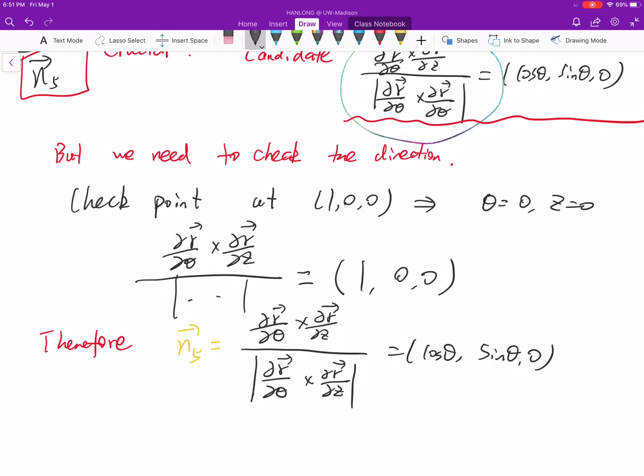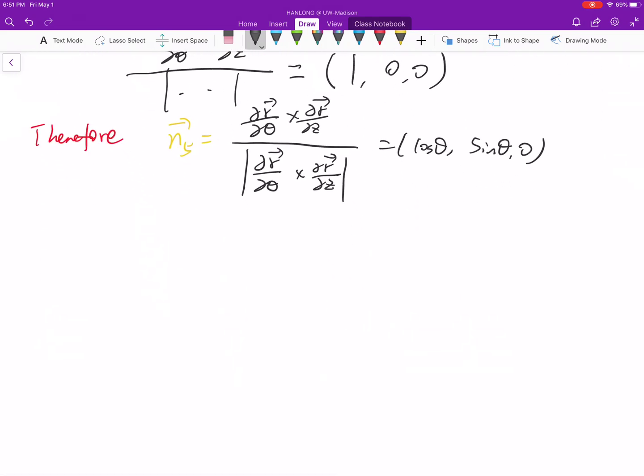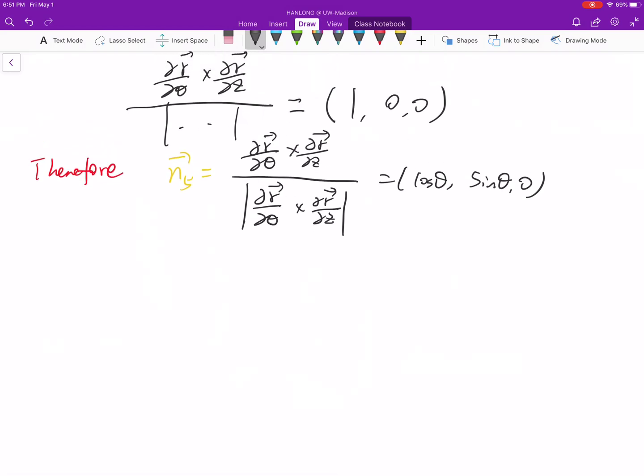If you don't care about the sign, then you already know that. But the key point here is the sign is very, very important. Otherwise, you just mess everything up. You do a long calculation, but then finally you don't get the right answer. Okay, now we turn back to the calculation.